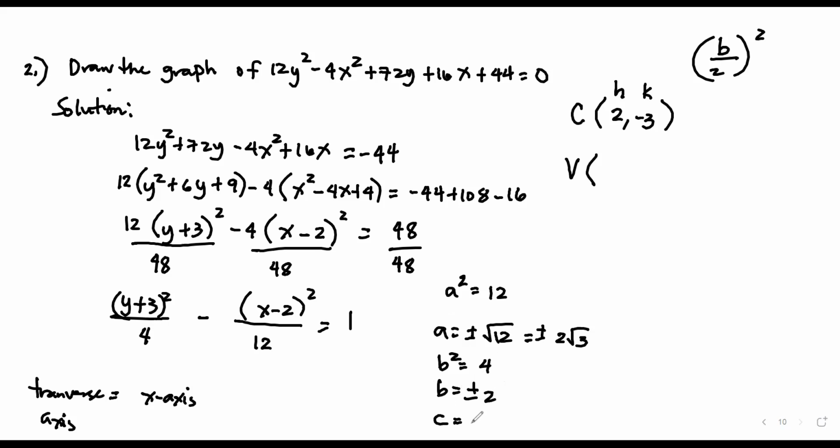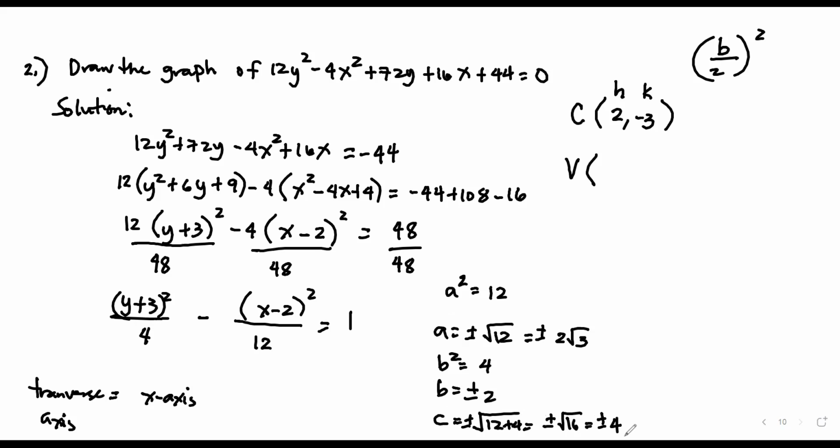And for the c, that is square root of 12 plus 4, that's 16. Positive, negative square root of 16, which is 4. So we have a, b, and c.